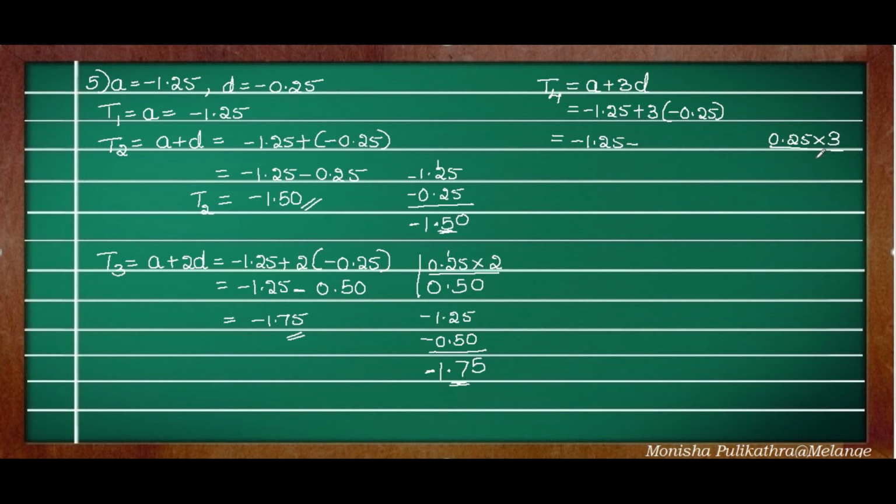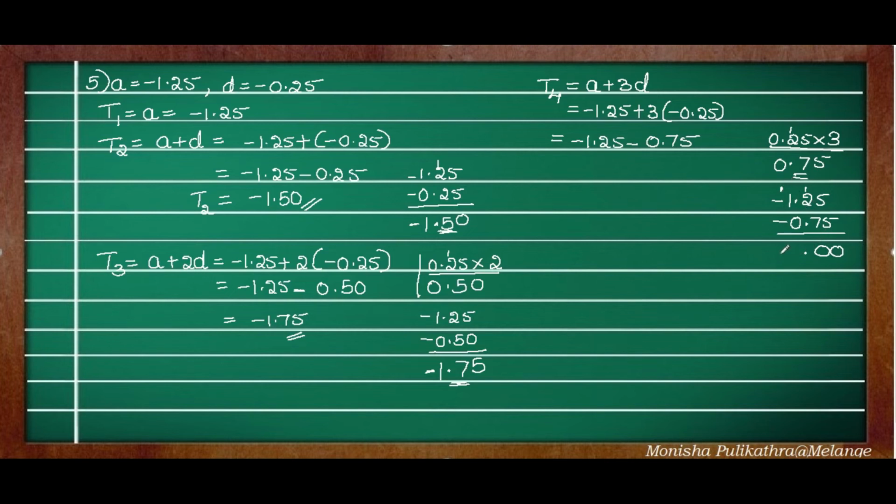So 3 5s are 15. 1 carry, 3 2s are 6, 7. It is 0.75. Next, minus into minus plus. You need to add both the numbers. That is minus 1.25 and minus 0.75. So 5 plus 5 is 10. 1 carry. 7, 8, 9 and 10. 1 carry here.